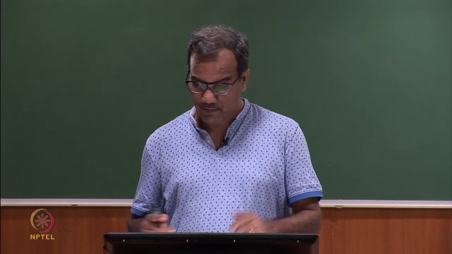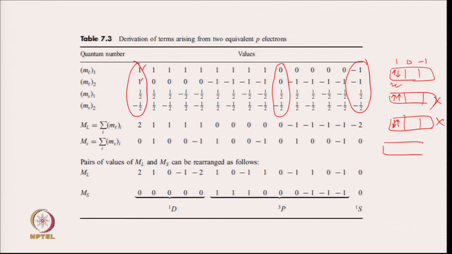Now, let us take ML1 equal to 1 and ML2 equal to 0. Now, there are 4 possibilities. What are the 4 possibilities? Both can be up, one is up and another is down, this is down and this is up, and both are down. All 4 possibilities exist.